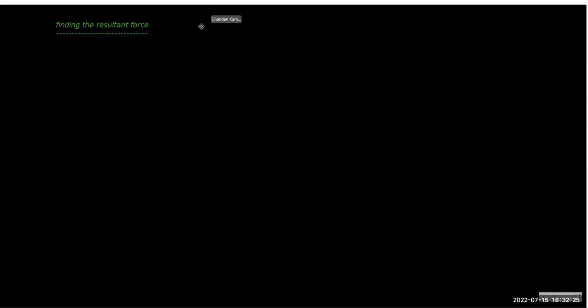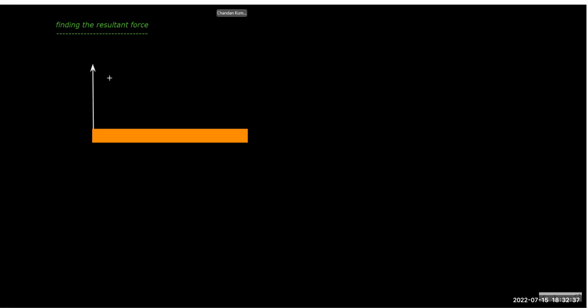So let's say there is something like a plank, a wooden plank, and multiple forces are acting at different locations. One is acting this way, another is acting this way, and one is acting this way. Let me take some other force.